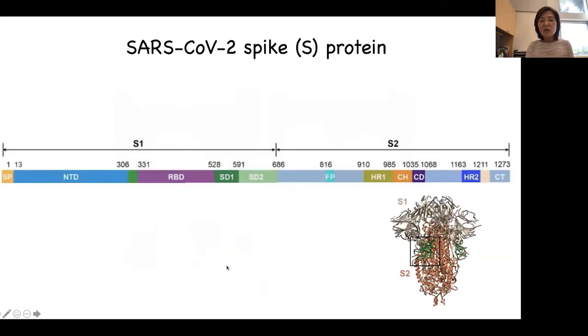So these two pathways, and this is an S protein, forget about all these small domains. The important thing is that SARS-1 has two domains, S1 and S2, but it was not cleaved at the junction.